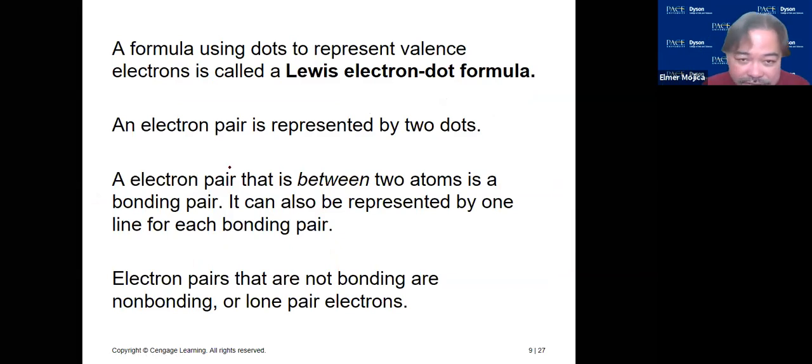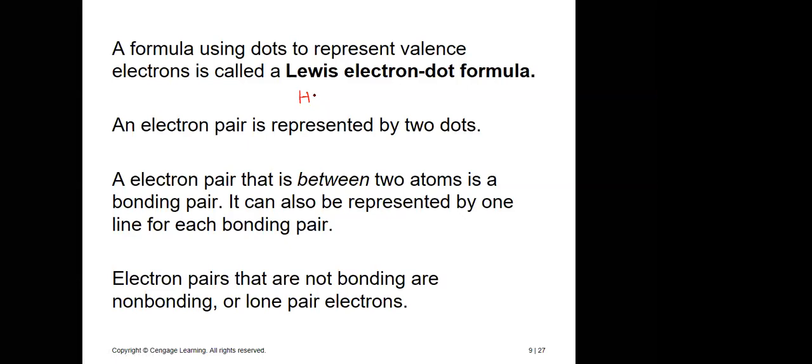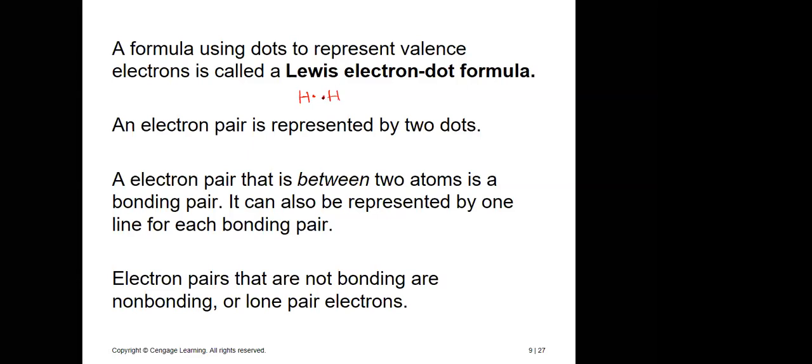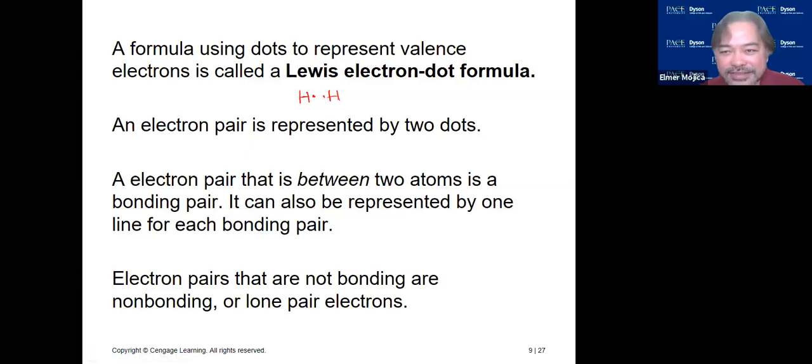So if we have one hydrogen, how many dots do we have? One. Okay. And if we have another hydrogen, there's also one. So, what happened?